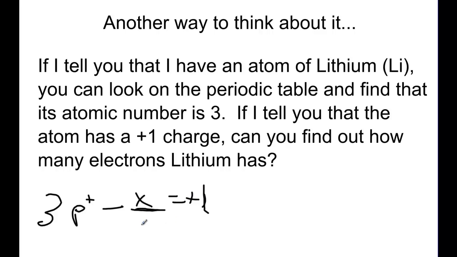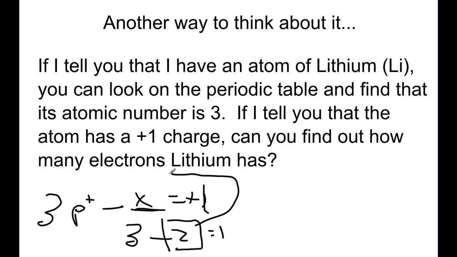Easy enough to solve. This is basic arithmetic. So 3 minus x equals 1. So 3 minus 2 equals 1. So we have 2 electrons. Not too hard. All right.